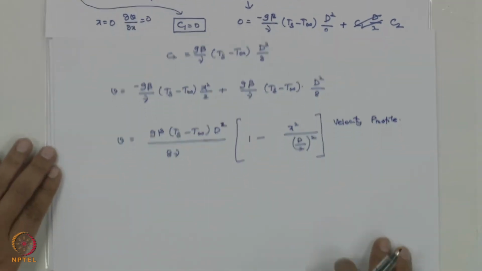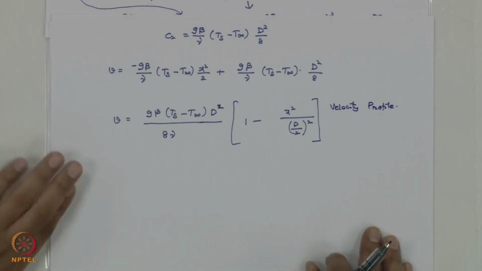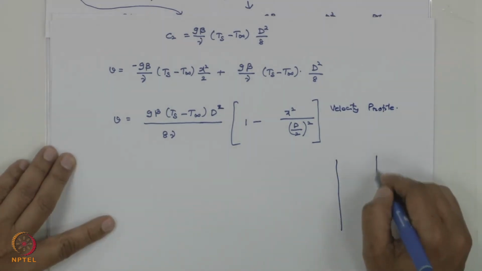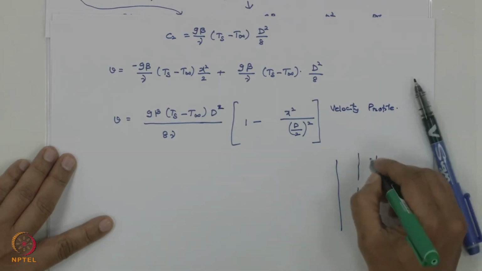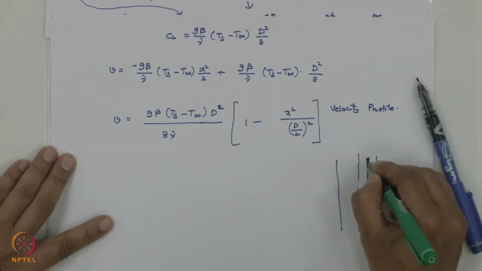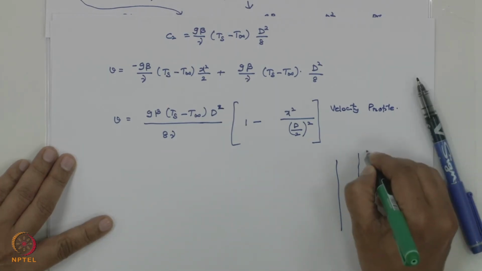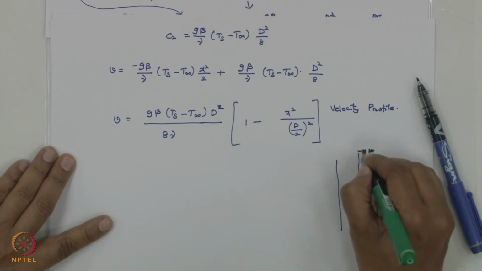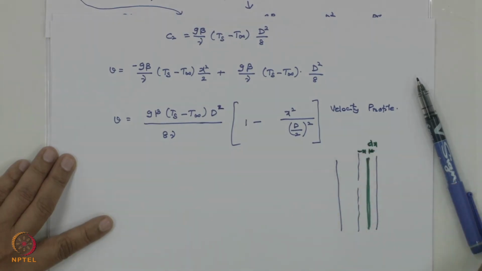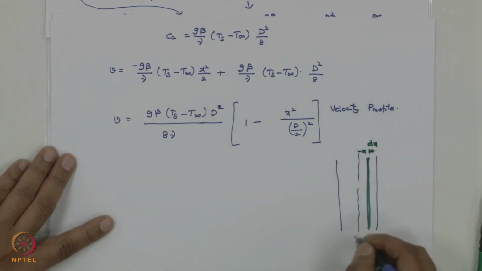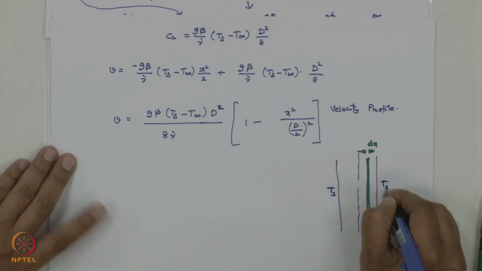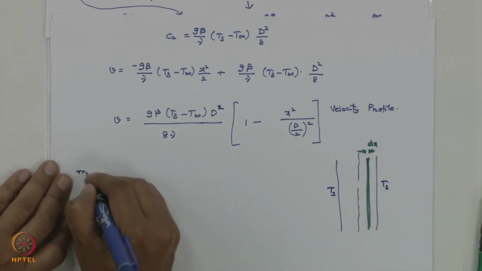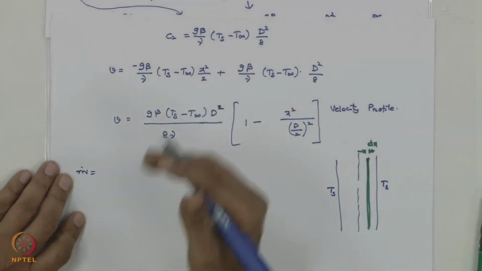But let me find out now, having this, now this is my plate, these are the two plates. Now let me take a small elemental width dx at a location x, and this is Ts. Now what I am asking is, what is the mass flow rate which is flowing through this channel?